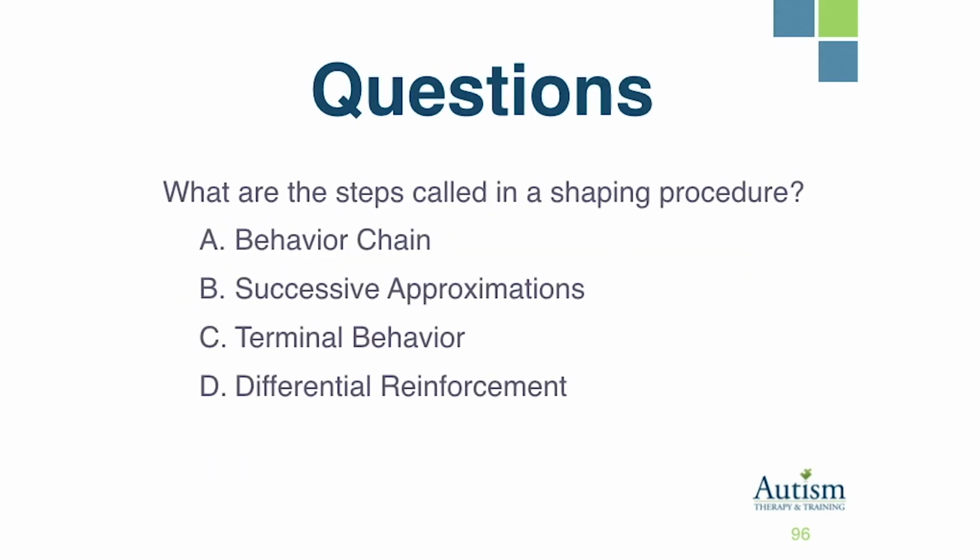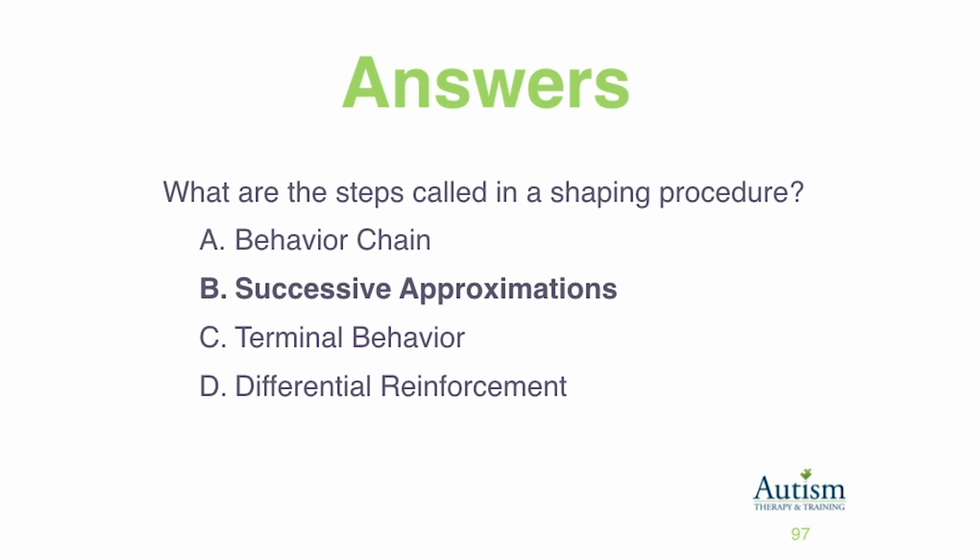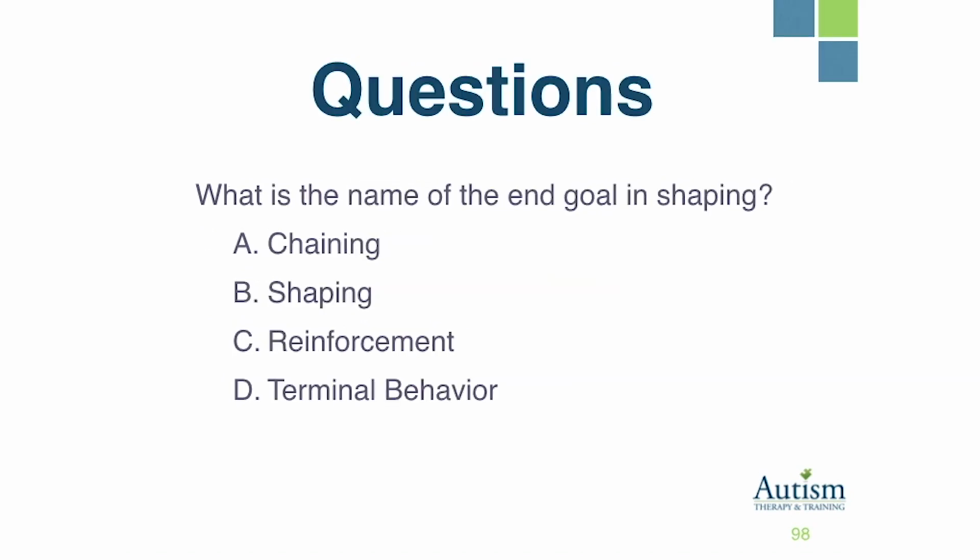What are the steps called in a shaping procedure? A. Behavior chain, B. Successive approximations, C. Terminal behavior, D. Differential reinforcement. And the correct response is B, successive approximations.